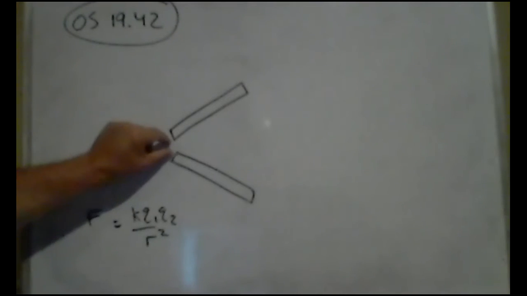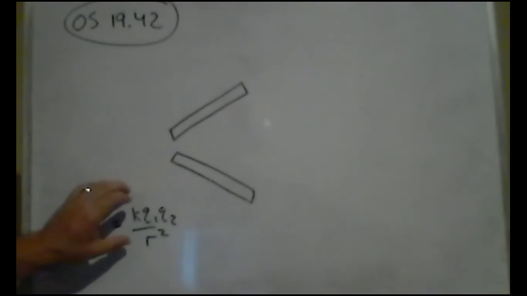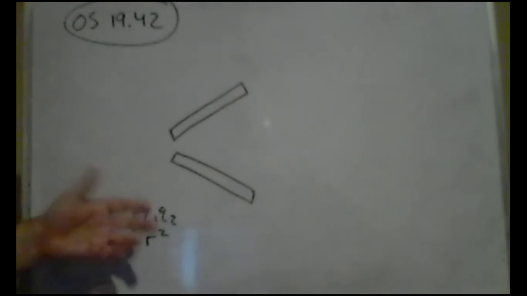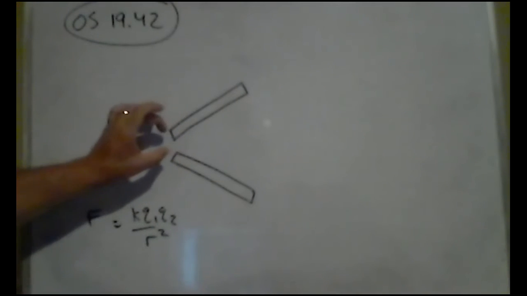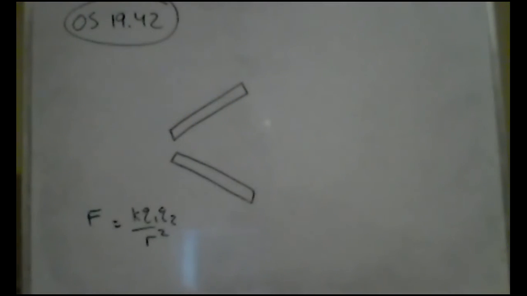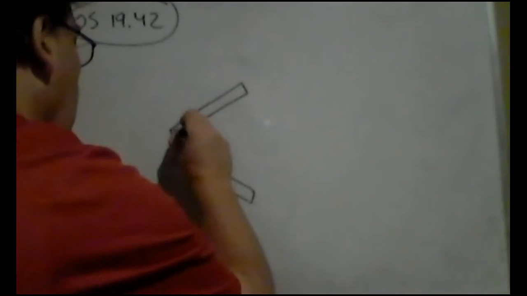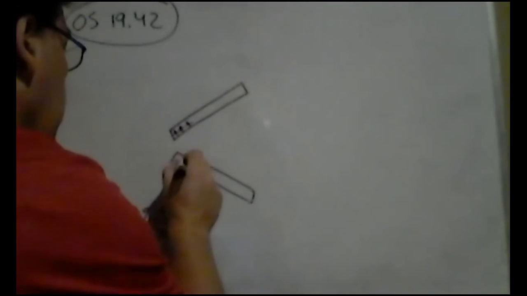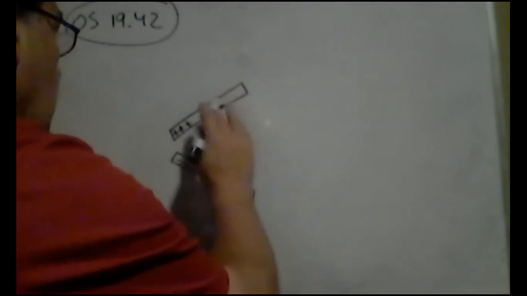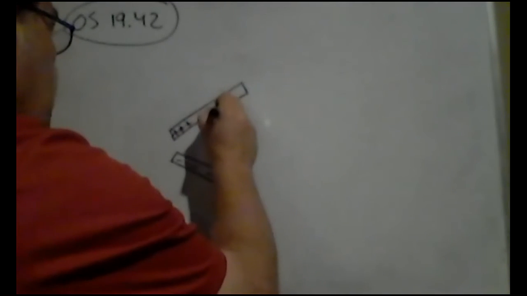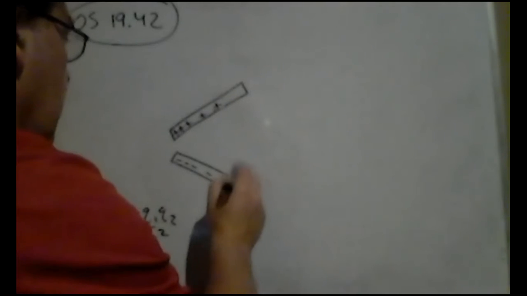So the smaller the distance, the greater the force, and also the greater the electric field. And so you would see a greater concentration of charges where they're closest. And then when they get further away, they'll be more spread out. So I would expect more of a concentration of positive charges here, and then as we get further away, the charges will not be as concentrated.